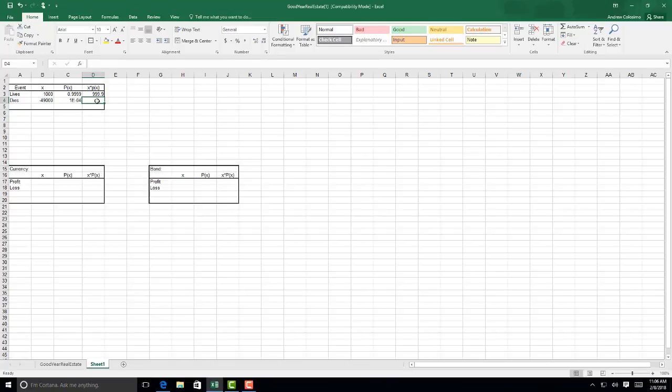Down here, I'm going to do the same thing: take my profit times the probability of that occurrence, and hit enter. To solve for expected values or means is just adding those two together. You can do the sum function, and I get 1 with 3 zeros after it.